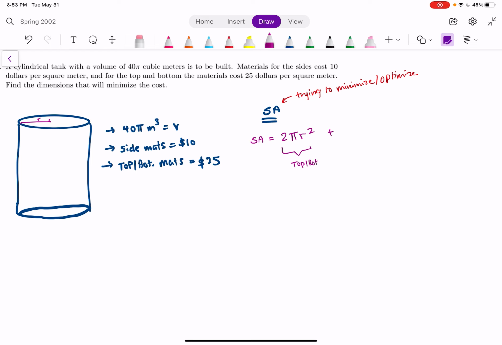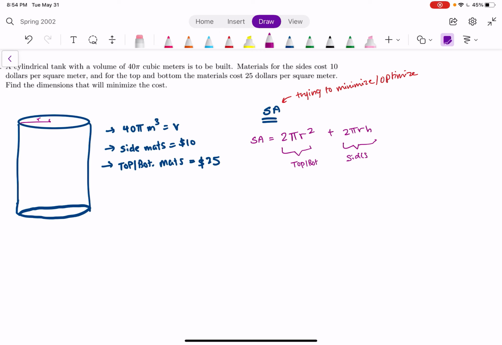The surface area for the side is just 2 pi RH, because of what we get when we unravel it. So 2 pi RH is the sides. When attacking these problems, you can just take that surface area equation to heart. When you're preparing for exams, that's basically all that you need to know.